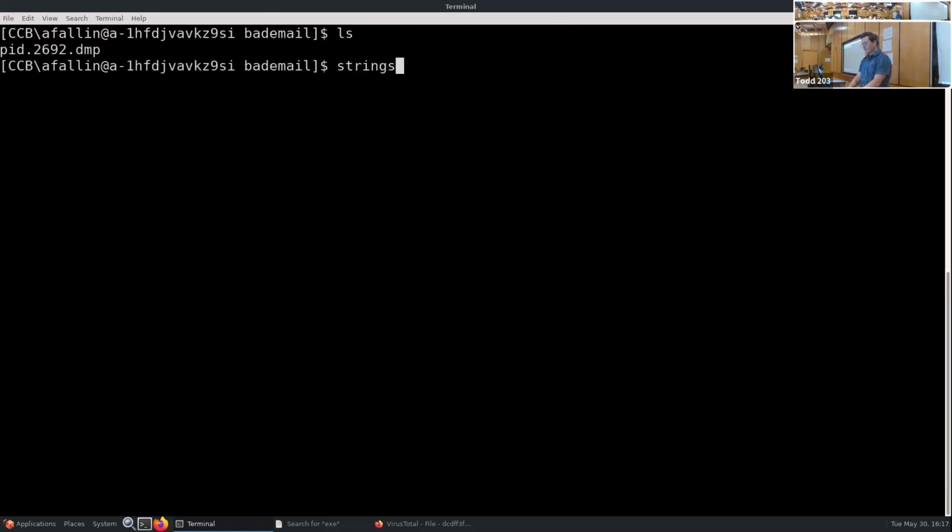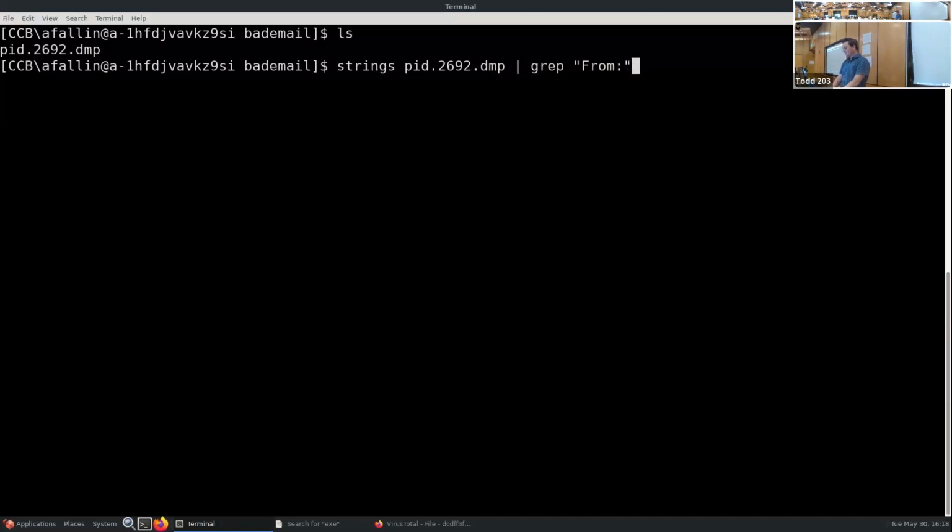We're going to go strings pid.2692.dmp, and we're going to use this straight up and down line. We're going to pipe the output of strings to another command. The other command is grep. This is us looking for a specific something, grep from, because we're trying to figure out who sent the phishing email in Outlook.